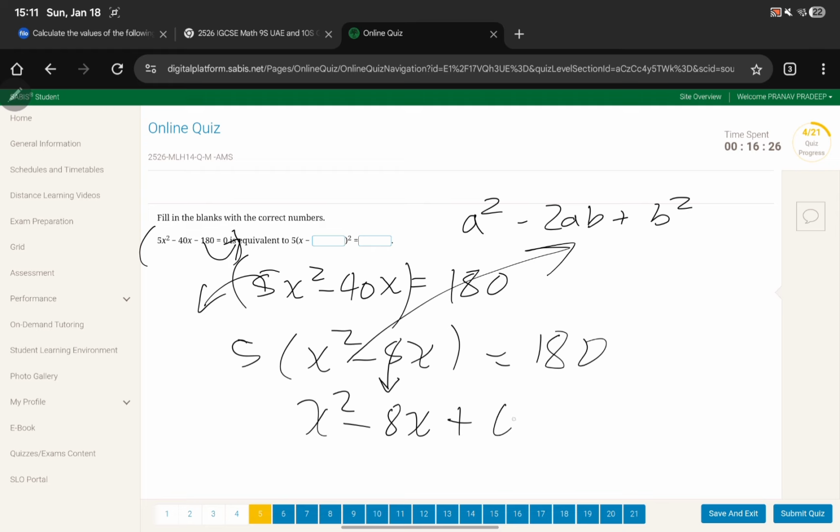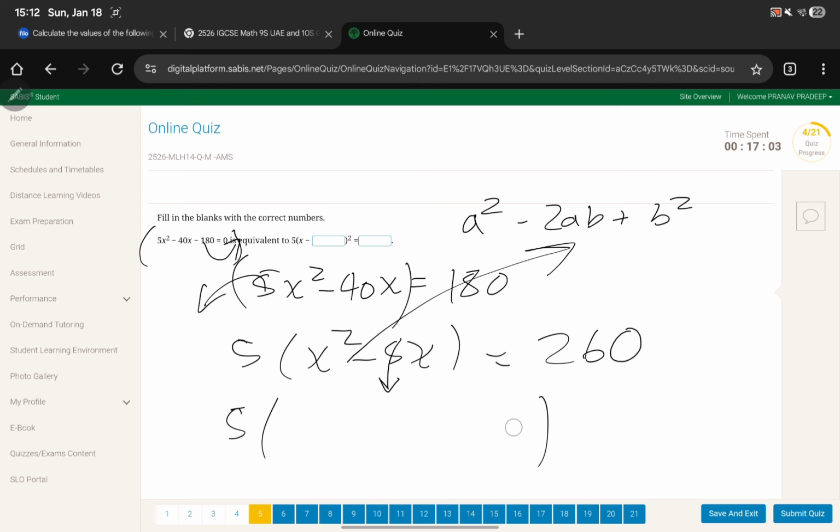Subsequently you have to multiply 5 times 16 and add it to this side. 5 times 16 becomes 80, and 180 plus 80, so you have 260 on the right hand side, and here you have 5 times x squared minus 8x plus 16.